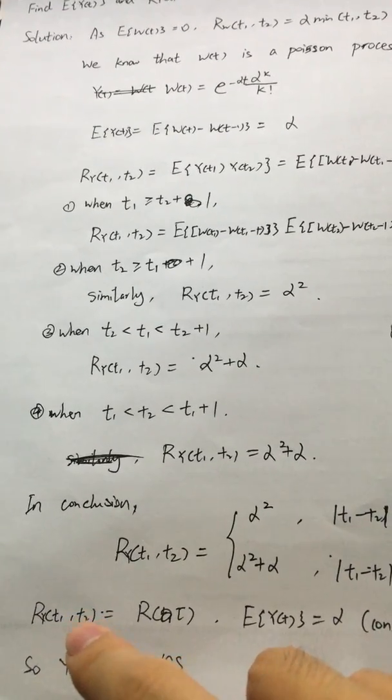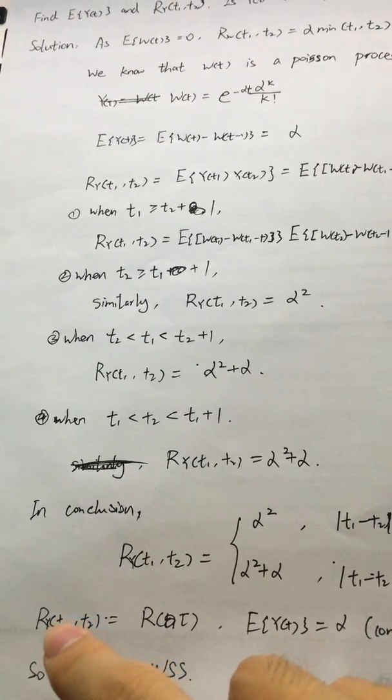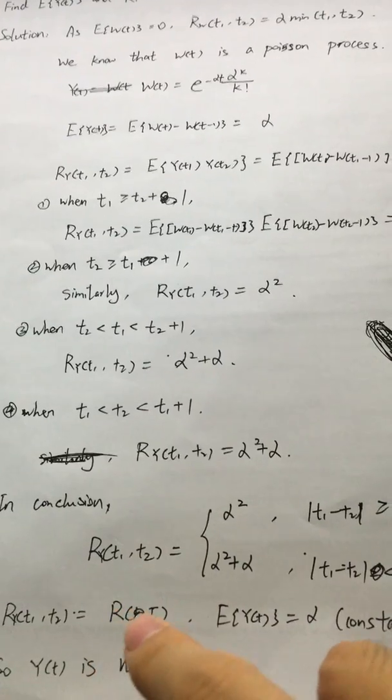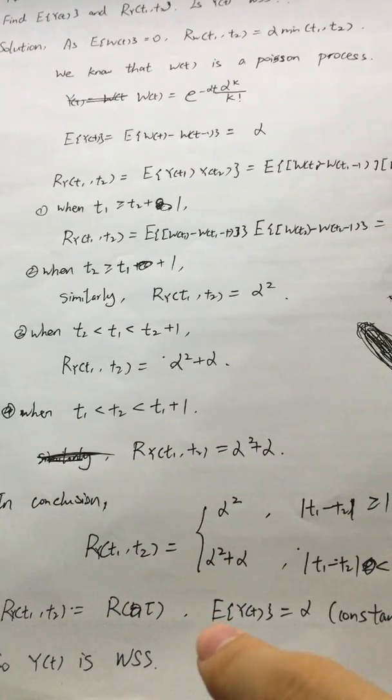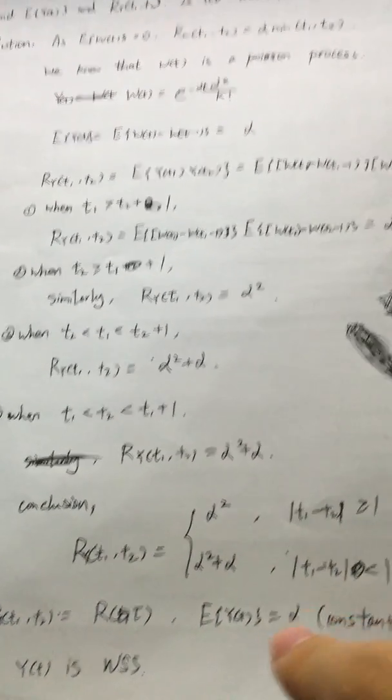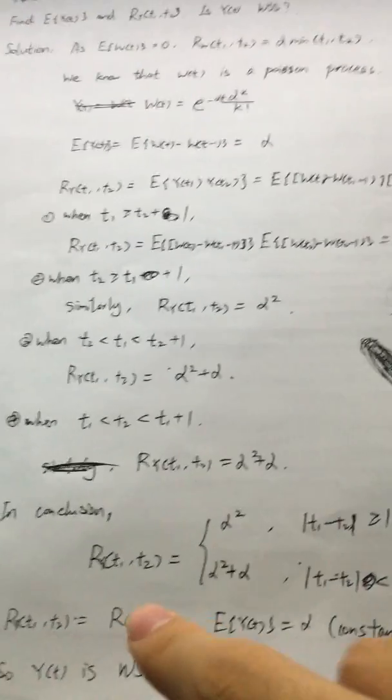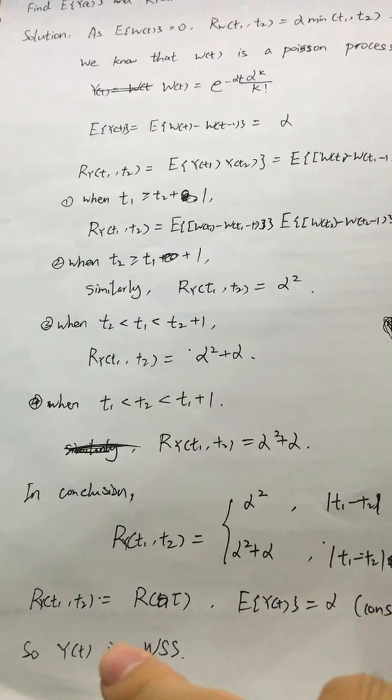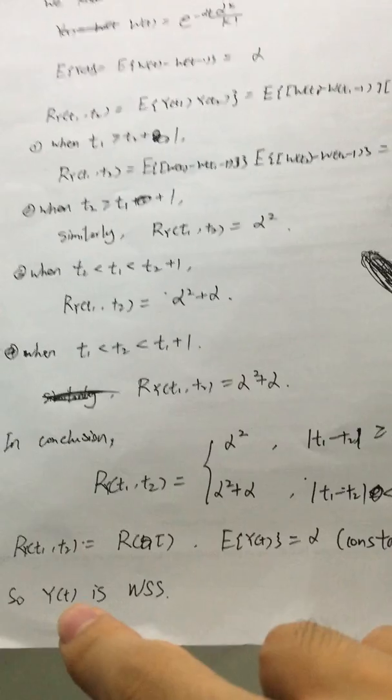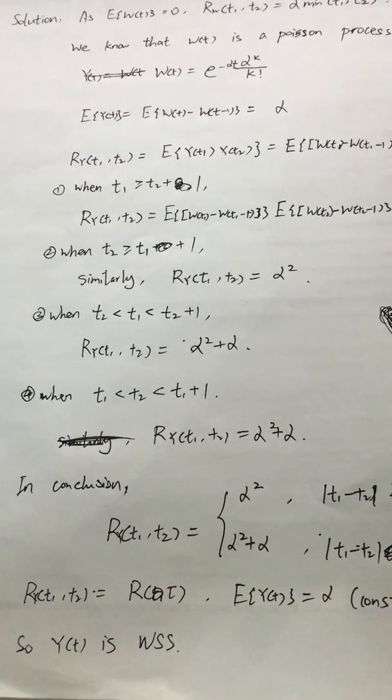As R_Y(t1, t2) is equal to R(tau), and E[Y(t)] is equal to alpha, which is a constant, from the definition we can say that Y(t) is WSS.